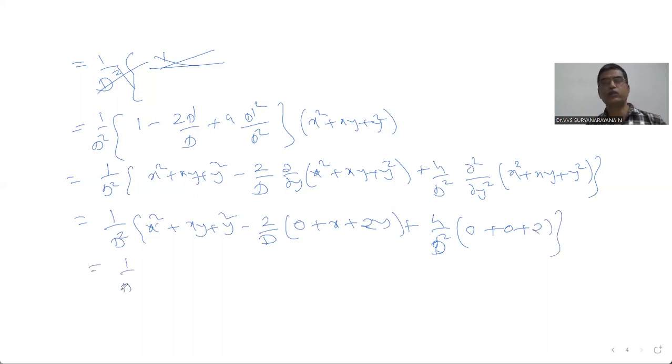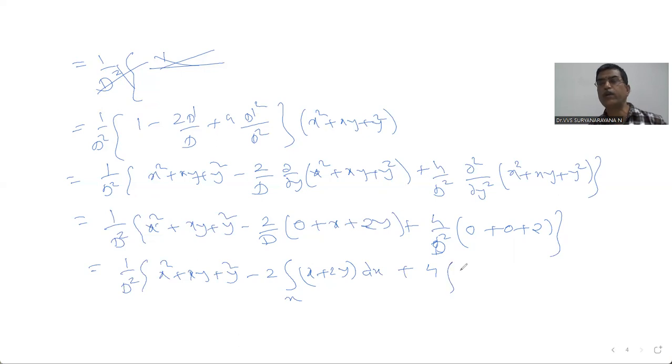So 1 by D square of x square plus xy plus y square, minus 2 into 1 by D, where 1 by D stands for integral with respect to x. So the integral of x plus 2y with respect to x, partially, by treating y as constant, plus 4 times 1 by D square, which means the double integral of 2. 4 into 2, 8.